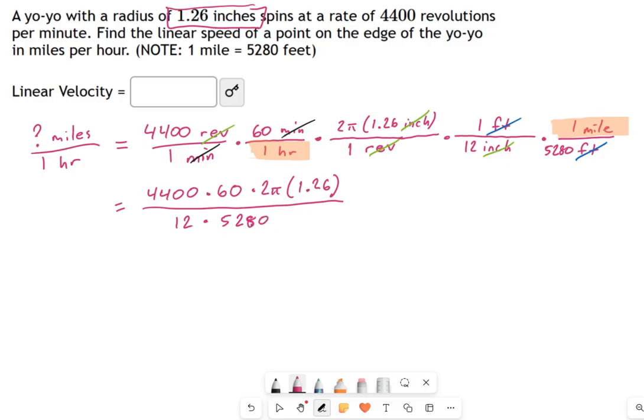All right, so you just have to calculate what that fraction is equal to. Now, if it were me, I would calculate these on the bottom first, calculate these on the top next, and then just make a single fraction before I got my answer, because if you mess up on the parentheses, your whole problem is going to be wrong. So you want to be a little careful when you actually do that calculation. But you should get 32.99 in this case, and it's going to be 32.99 miles per hour, matching the units that were not canceled.